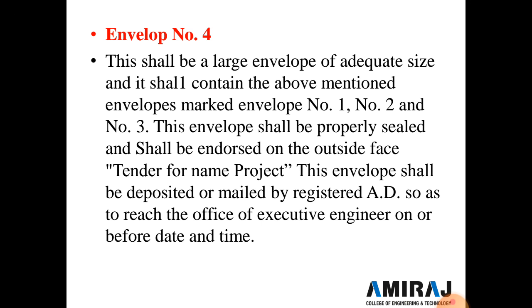It shall contain the above mentioned envelopes marked number 1, 2 and 3, and this envelope shall be properly sealed and endorsed on the outside face with the tender for the NAM project. These envelopes shall be deposited or mailed by registered AD so as to reach the office of the executive engineer on or before the date and time.